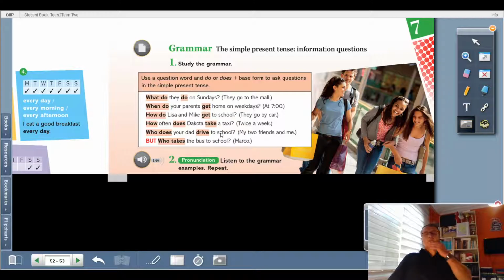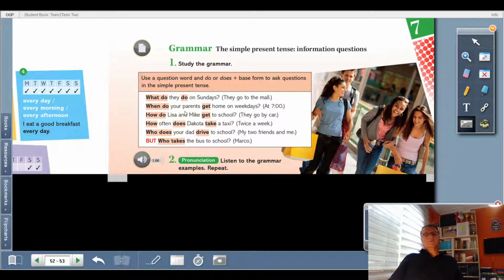Unit 7, page 53. Grammar. Exercise 2. Pronunciation. Listen to the grammar examples. Repeat. What do they do on Sundays? When do your parents get home on weekdays? Repeat, don't forget.